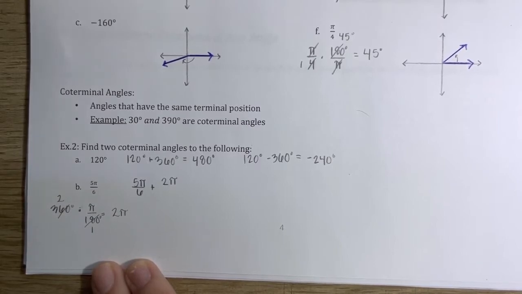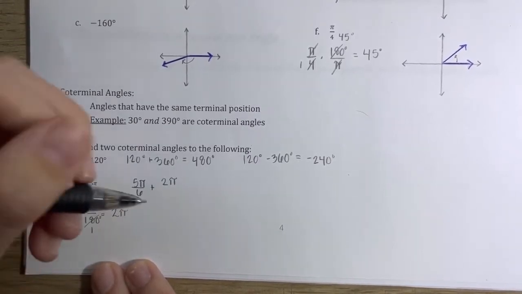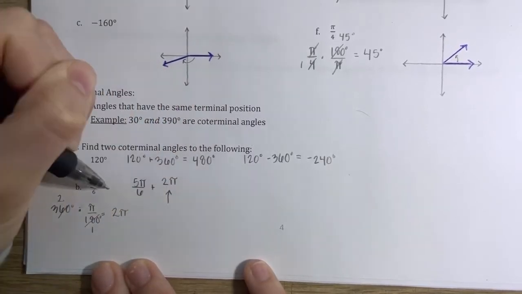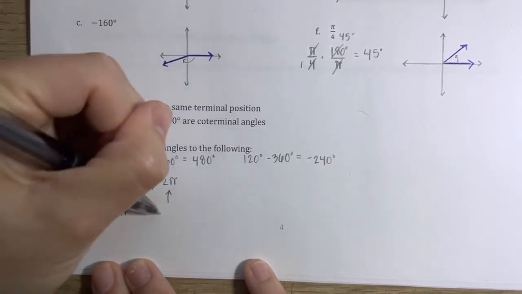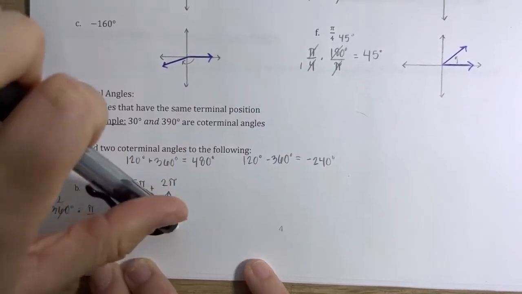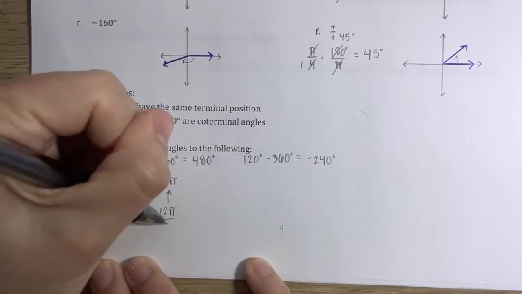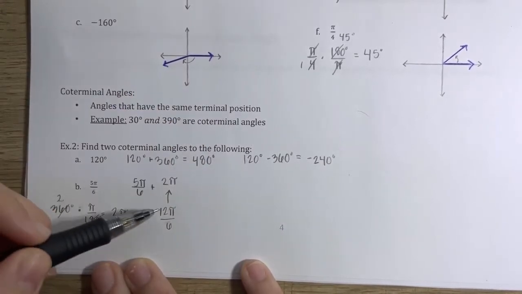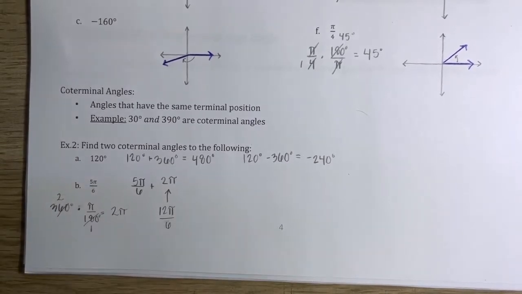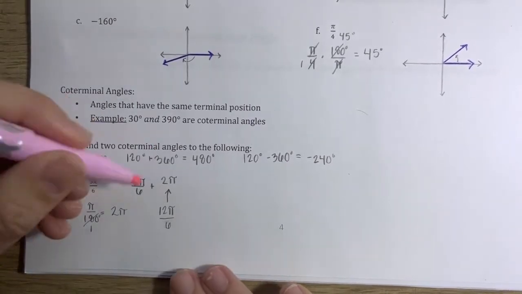So 2 pi rewritten as a fraction over 6 would become 12 pi over 6. So I'm not changing the value, 12 pi divided by 6 is 2 pi. Just now I have the common denominator, so now I can go ahead and add those fractions.